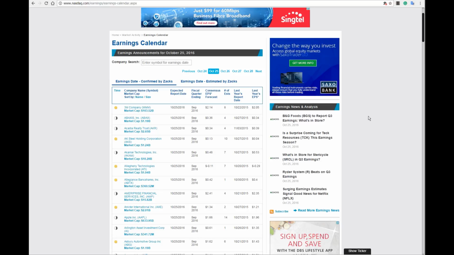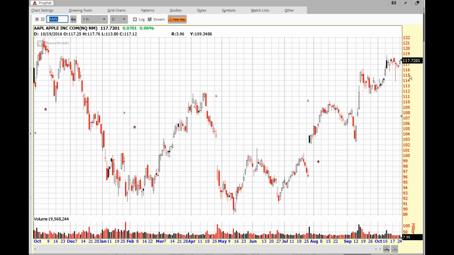Like Apple, of course you can always buy Apple shares or short Apple shares or whatever. But Apple now is $117.73. Do you think it's a good idea to short or long Apple shares? Because any time it goes through earnings, you can see here, one earnings here is a $5 move.